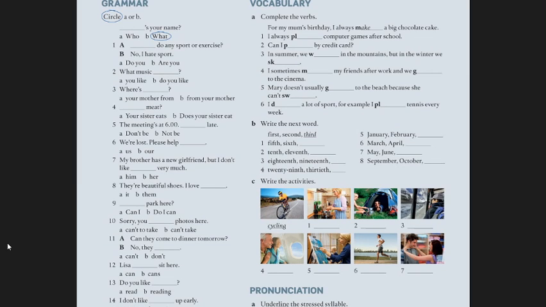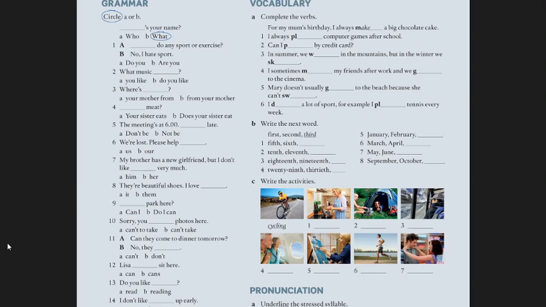So you have first, second, third, fifth, sixth, 10th, 11th, okay? 18th, 19th, and the same with the rest of the sequences that are in that activity.